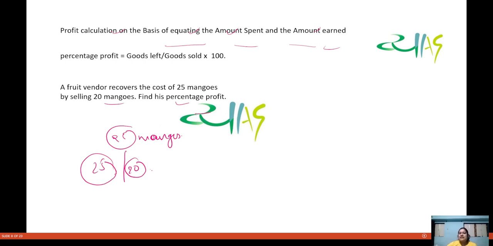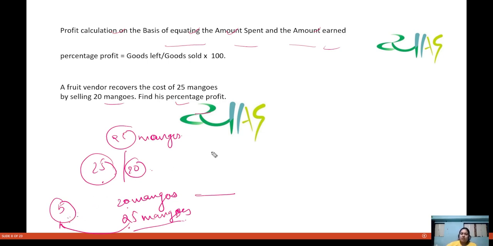So that means he is earning profit per unit. He is selling 20 mangoes at the cost of 25 mangoes. That means by selling 20 mangoes, he is earning the money of extra 5 mangoes.